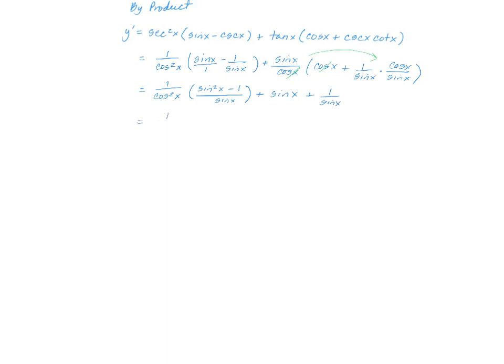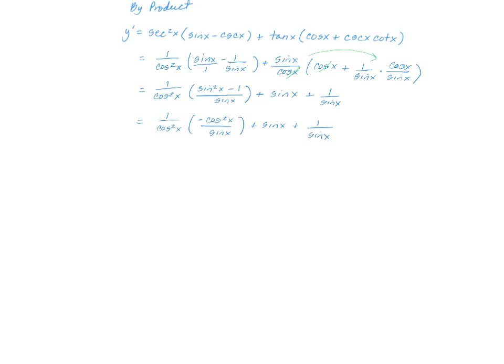Alright, so I get 1 over cosine squared x, and in the parentheses I'm going to have negative cosine squared x over sine. And then I'm going to keep the rest the way it is. Looking ahead, I can see how this first piece simplifies, because it's just going to be a negative 1 over sine, and it will cancel with the 1 over sine.